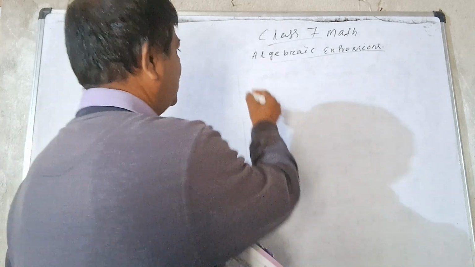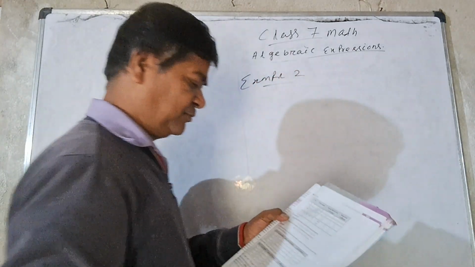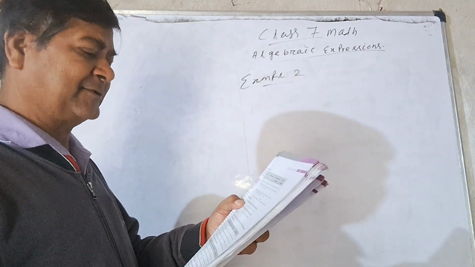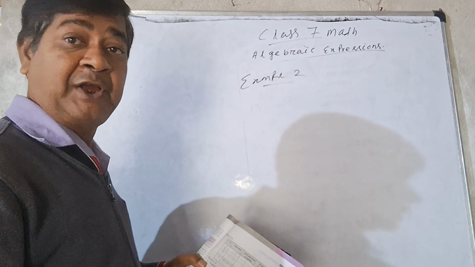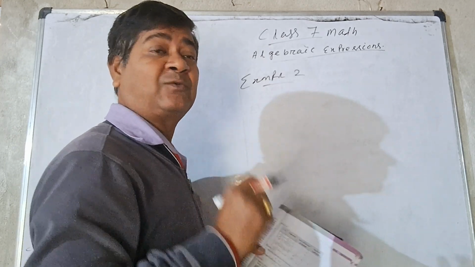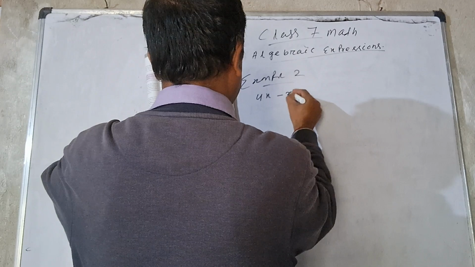Now example 2. The question is, what are the coefficients of x in the following expressions? Here we are going to find the coefficient of x only. The expression is 4x minus 3y.